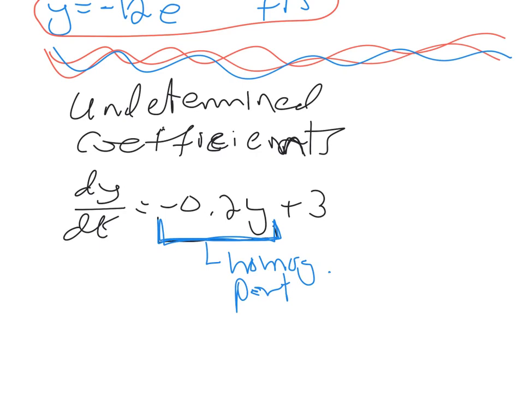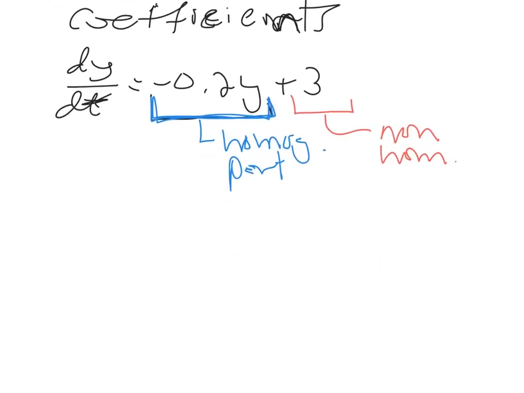And then I have the non-homogeneous part sitting over here. Homogeneous versus non-homogeneous is, am I adding anything onto the y or am I not? So I can look at this differential equation as really the sum of two pieces.